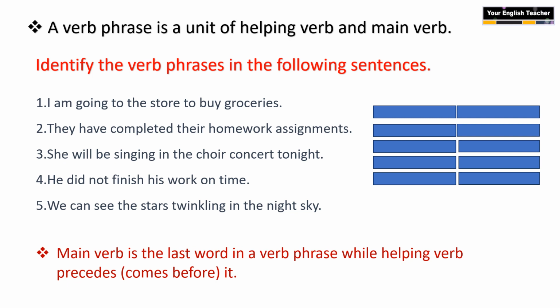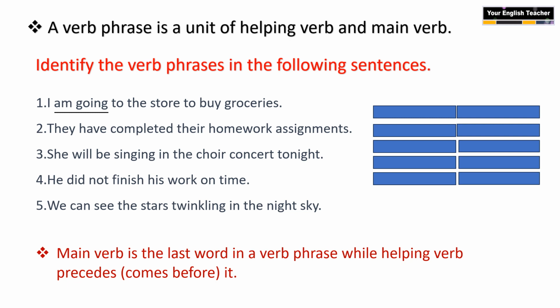So here you can find some 5 sentences. Let's check whether you can identify the verb phrases in those sentences. In the first sentence, it is am going. Am is the helping verb, whereas going is the main verb.